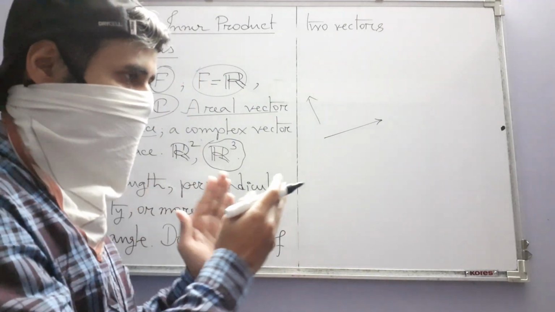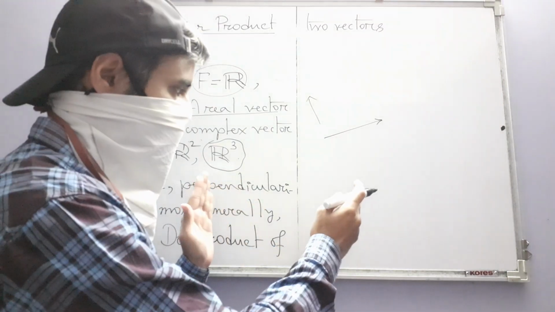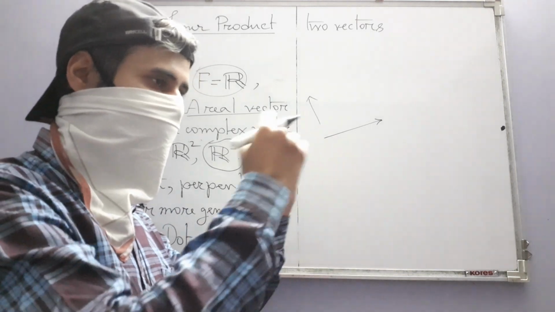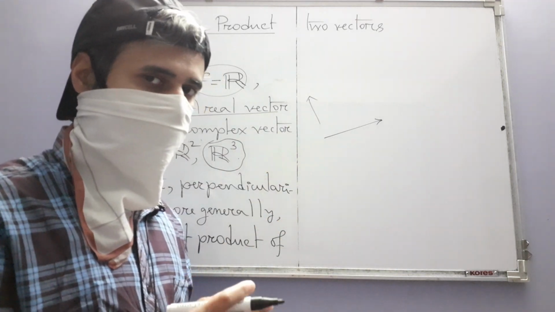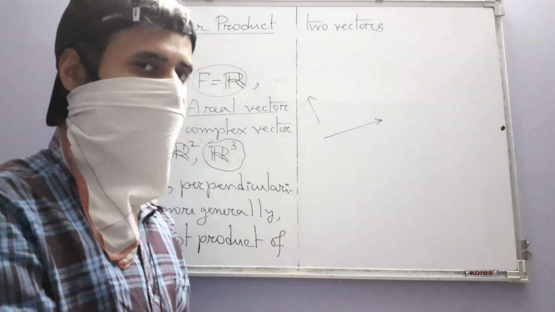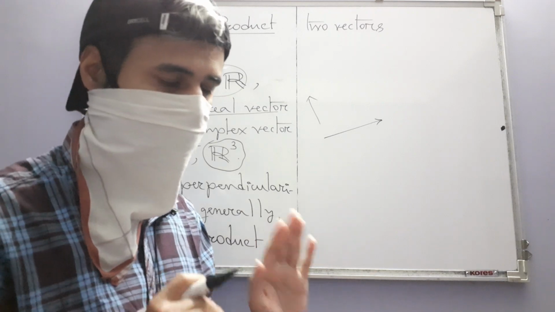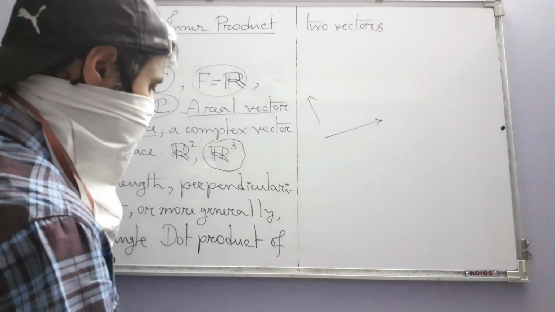If the force is a constant force, then you take the dot product of the force vector and the displacement vector. Whatever quantity you get, that is the work done by the force to cause that displacement. Okay, so we know about dot products.